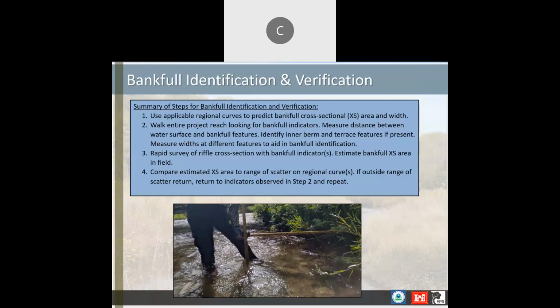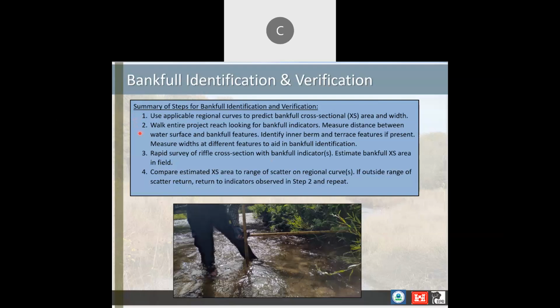These are the steps for bankful identification and verification. The first one is to print out your regional curve that is applicable for your region. Next, you're going to walk the reach looking for bankful indicators and measure the distance between water surface and that bankful feature. When you're first walking a reach, you might see multiple consistent features at different elevations.